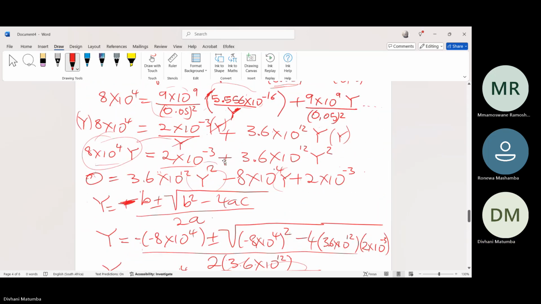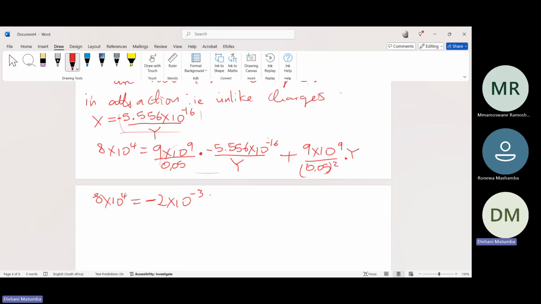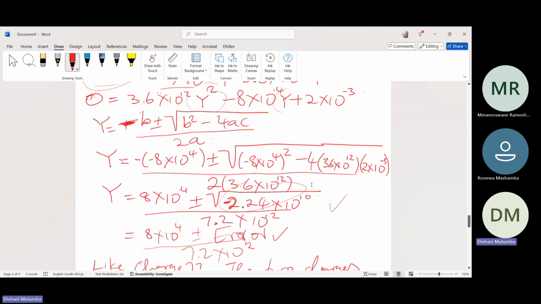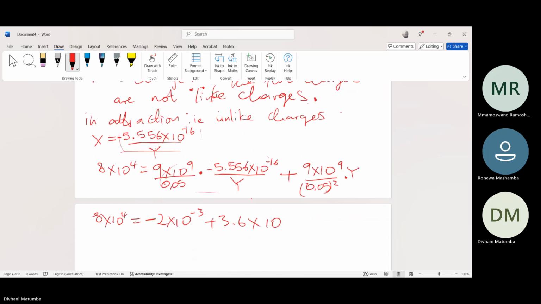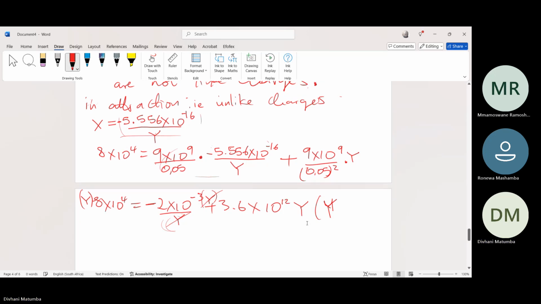And then plus will be the same, plus 3.6 times 10 to the power of 12 times y, and this will be divided by y.